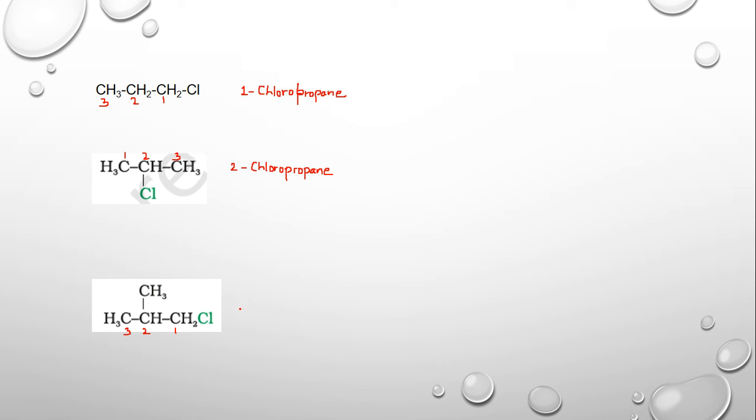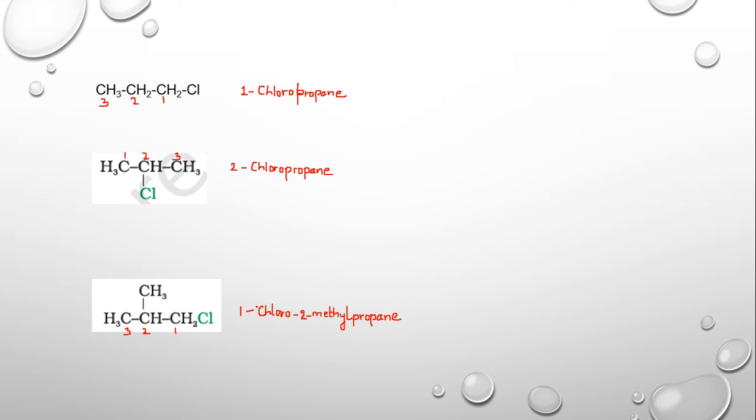So you are going to write down the name as 1-chloro, dash, 2, again a dash, methyl, and the alkane is propane. This is how the name has been derived.